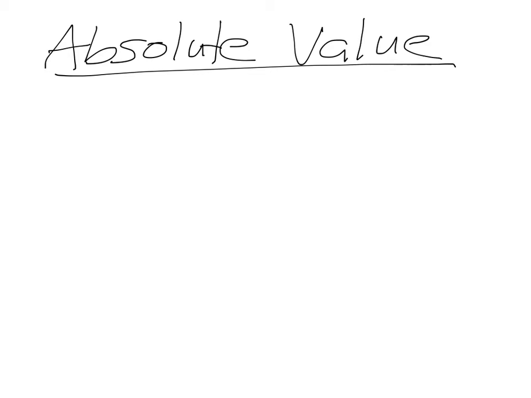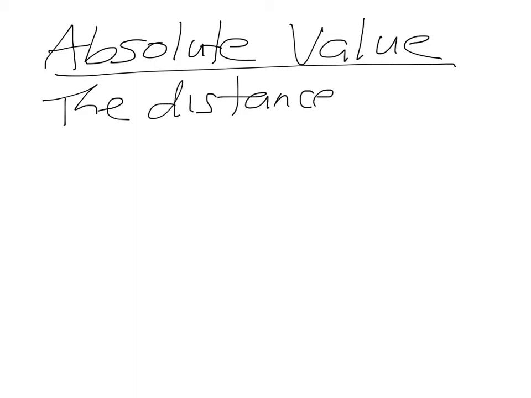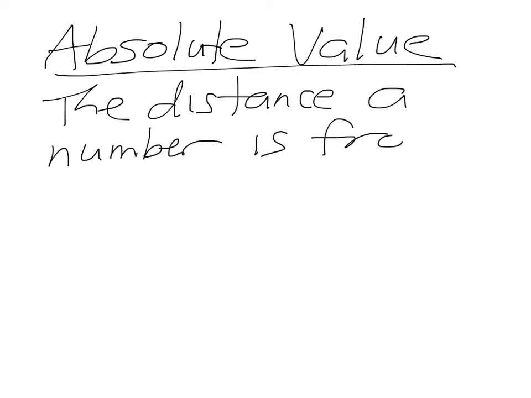Absolute value is the distance a number is from 0. Now, there's some key words in here that we really have to know. The first key word being distance. And distance is always going to be positive.